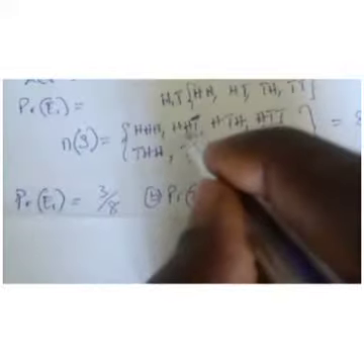We come here now, 2 heads, 1 tail appear. Mark it differently so that it will not confuse you. 2 heads, 1 tail, 2 heads, 1 tail, 2 heads, 1 tail, and you have 1, 2, 3, which is 3 over 8, where 8 is the sample space.